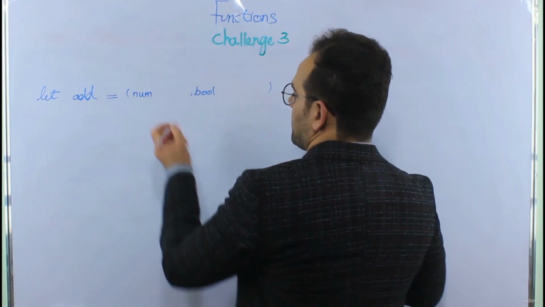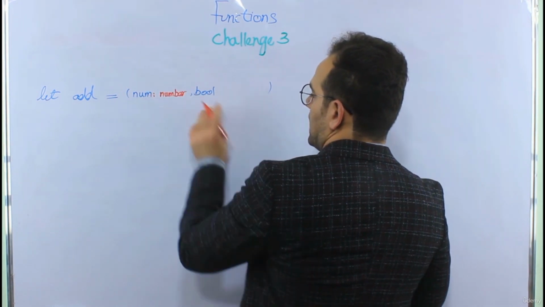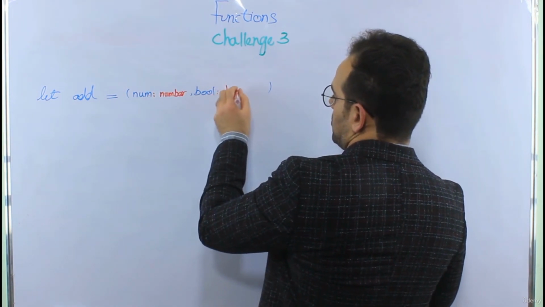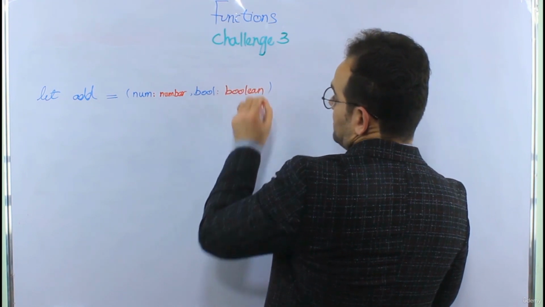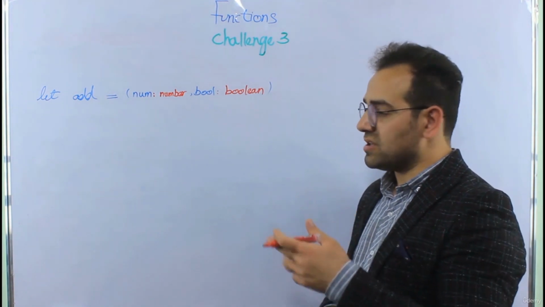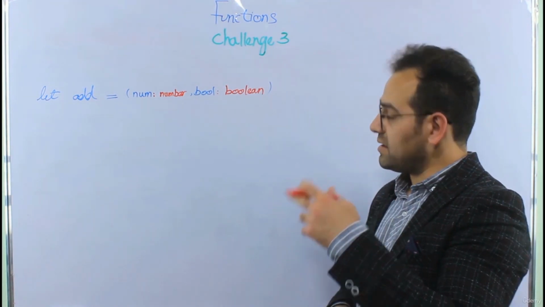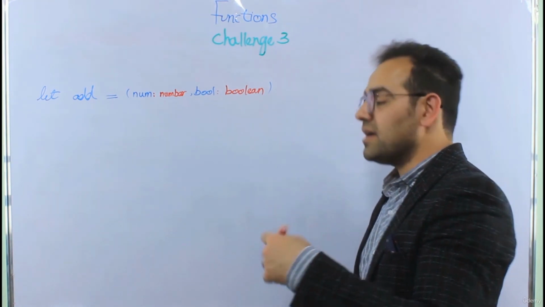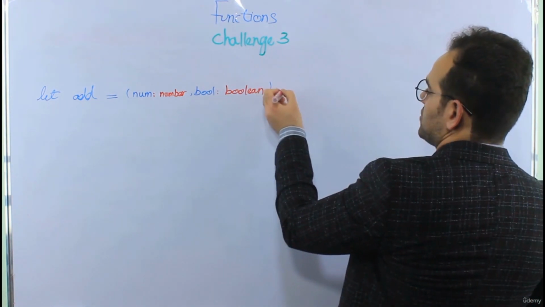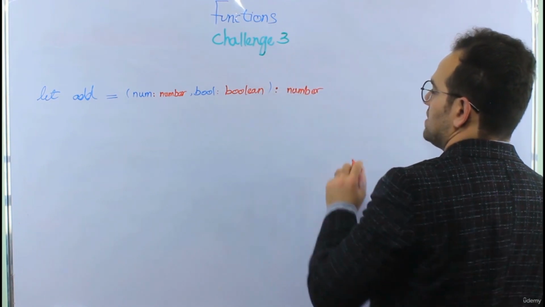So the type for num is going to be number, and the type for bool is going to be Boolean. Since the job of this function is to return the addition of a number and a Boolean, we assume that this function returns a number. That is a good assumption, right?